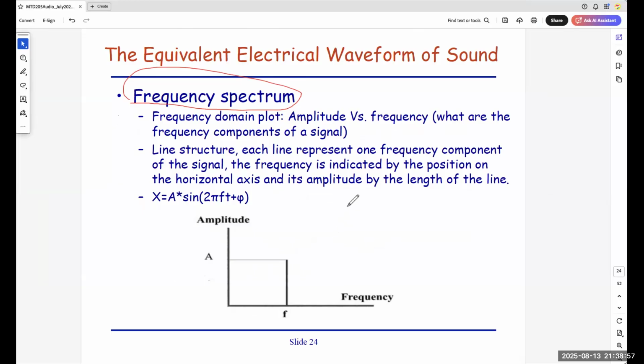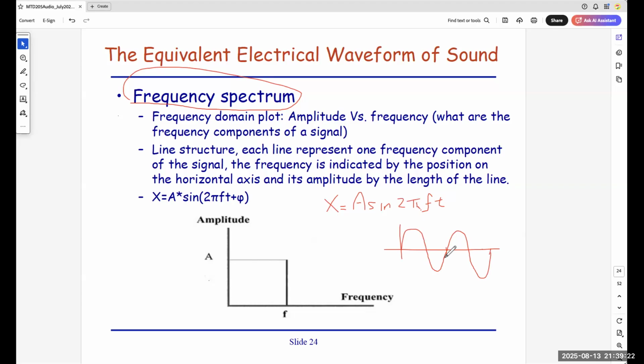Just now you know that we have a signal X equals A sine 2 pi f t. You remember the period. For example, I draw 2 cycles.